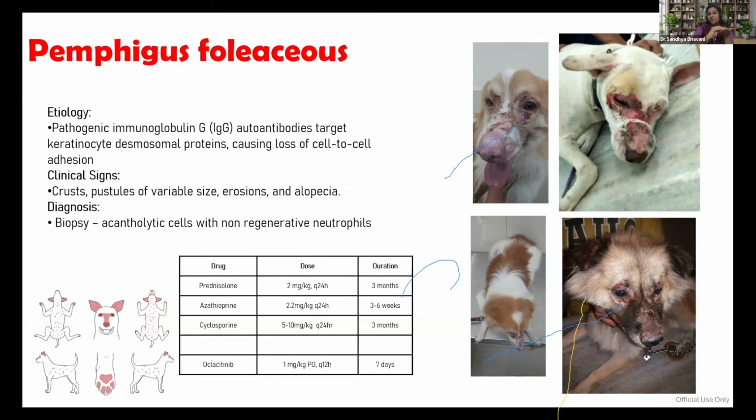The distribution of lesions is the nasal planum, around the eyes, ears, and paws. The same lesions can be seen in other types of autoimmune disorders also.